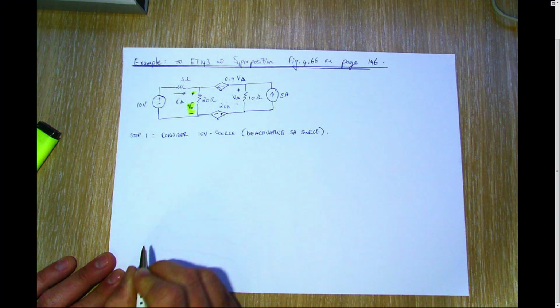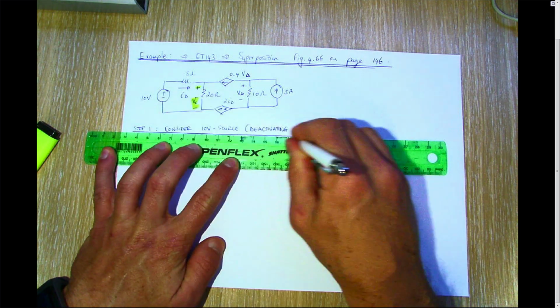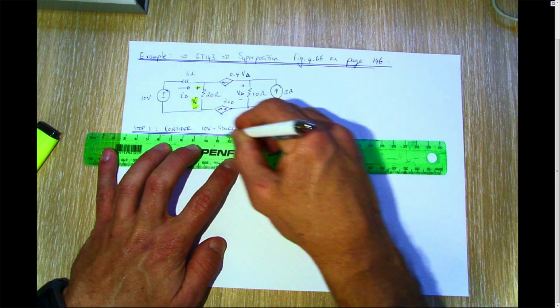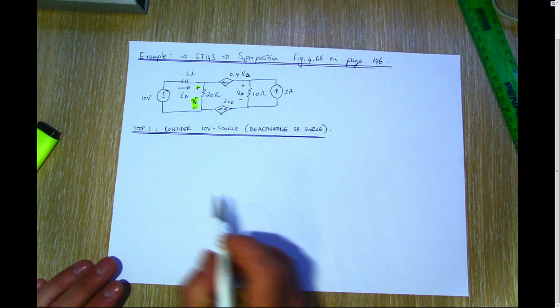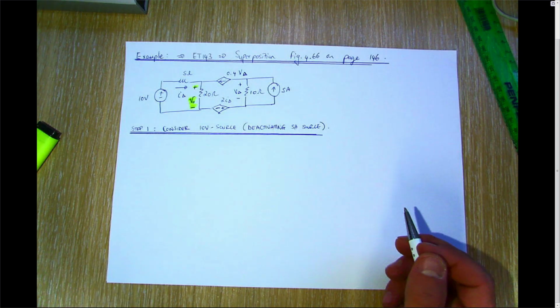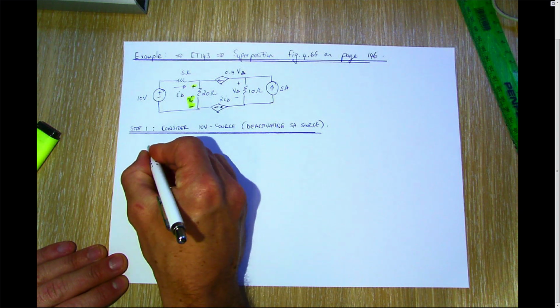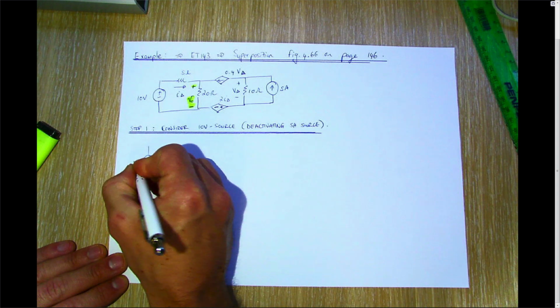Okay, so that's our first step. And remember my hint for the tests and the exams, it's always good to show each step explicitly, because that's where we're going to find marks for you. Okay, so if I'm going to deactivate that source, I'm left with something that looks like this.